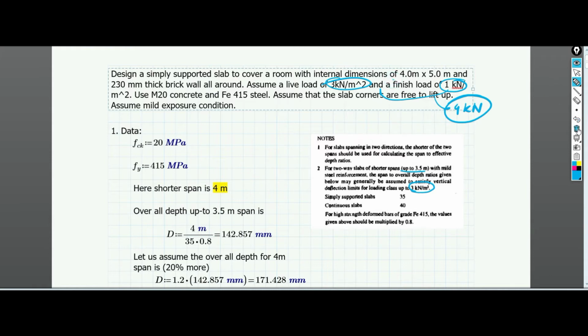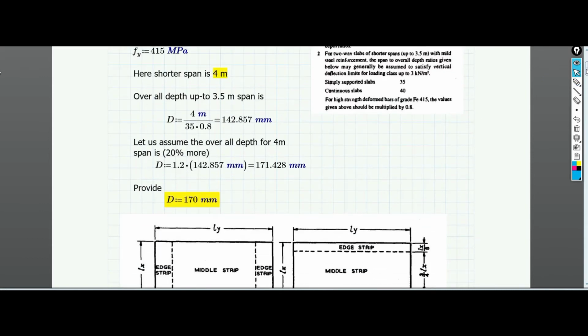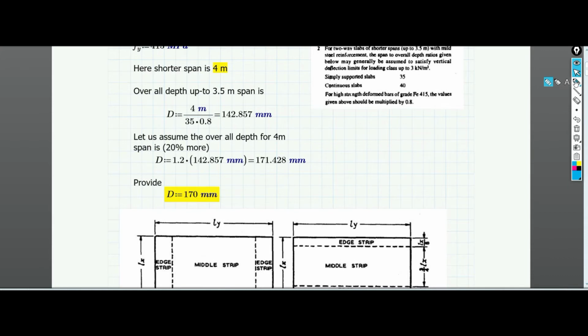So we can increase the overall depth by around 20%. If I increase 20%, it comes out to be around 171, and so let us provide D as 170.